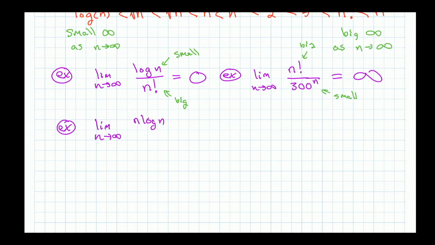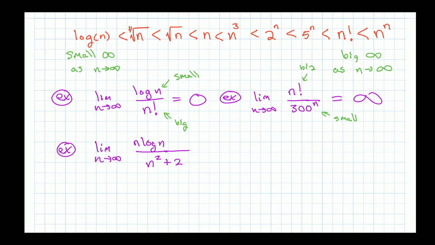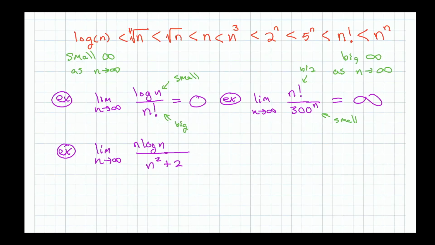Limit of n log n over n squared plus 2, for example. That's a little bit more complicated than we had before. But what you want to do is think about this as n times n, and this is n times, well, I'm just rewriting it, n times log n.